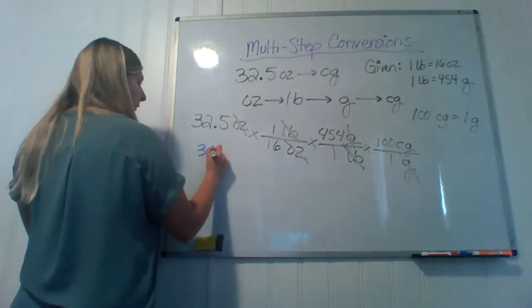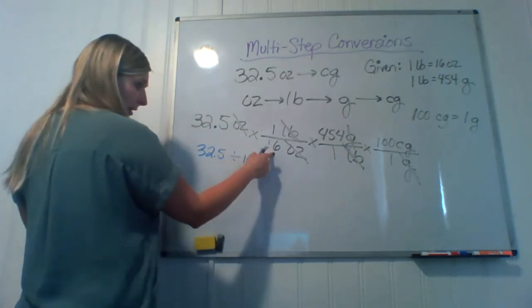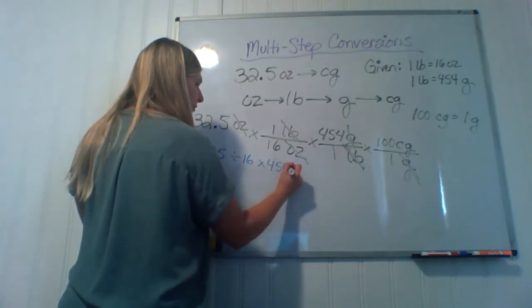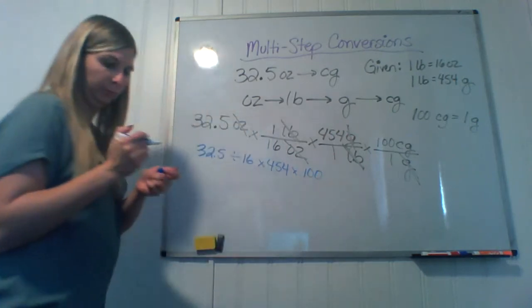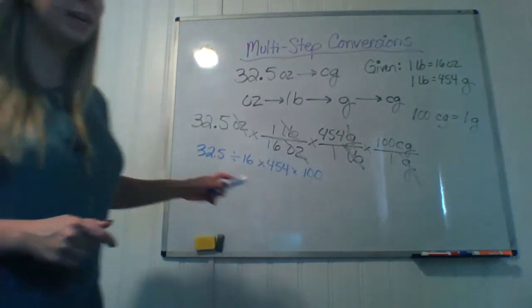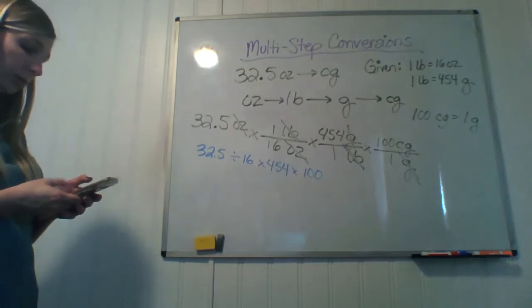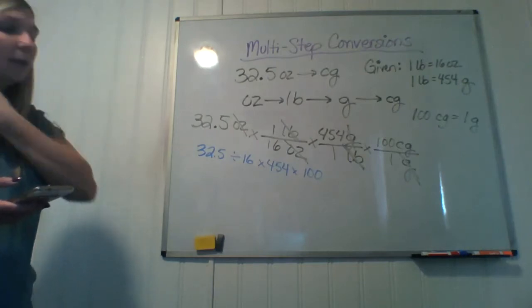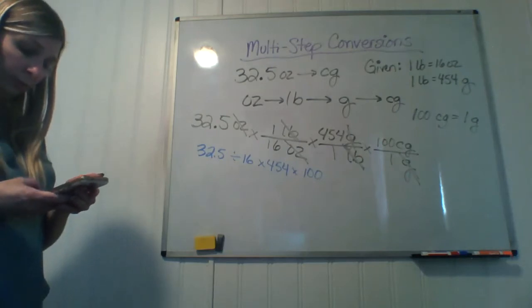So we'll do 32.5 divided by 16, because that's on the bottom, then multiply by 454, and then multiply by 100. Okay, so that's going to be the math we would need to use. We do that in our calculator, but then we are also going to practice with significant figures. We want to recognize how many significant figures to round our final answer to.